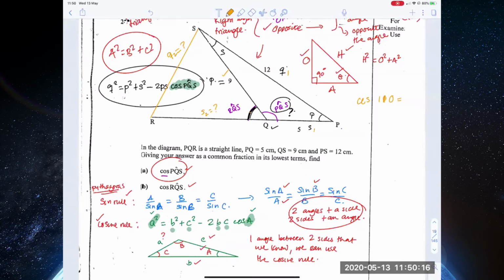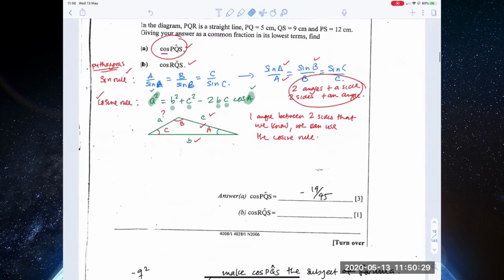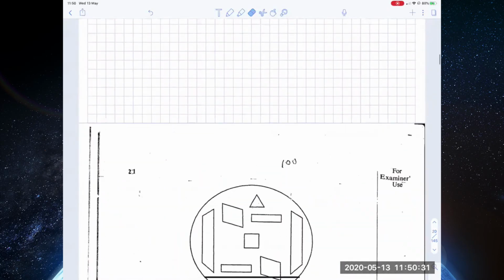Okay, hang on. My fault. Let's do cos 100, and I'll write it down. Hang on, let me do it here with the space. Let's do cos 100. Minus 0.17364.